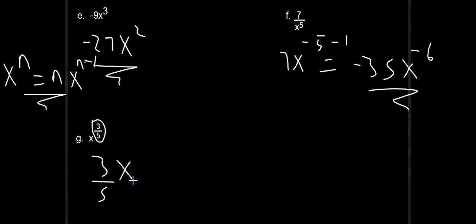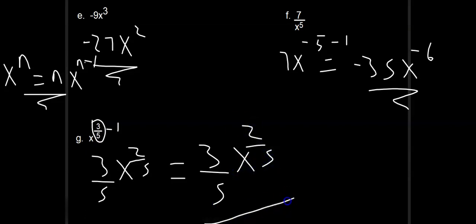When you subtract 1 from this 3 over 5, you get negative 2 over 5. And this will be your final answer. All you have to do is bring the exponent down and subtract 1 from the exponent. So 3 over 5x raised to the 2 over 5 is my final answer.